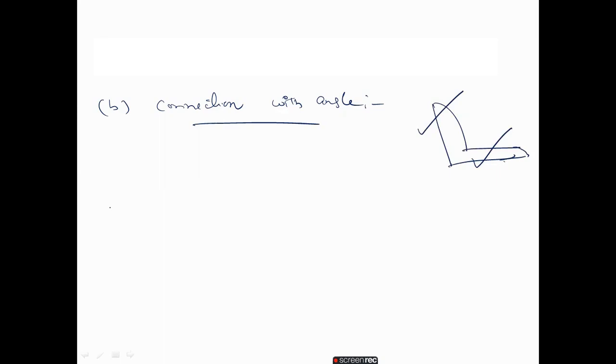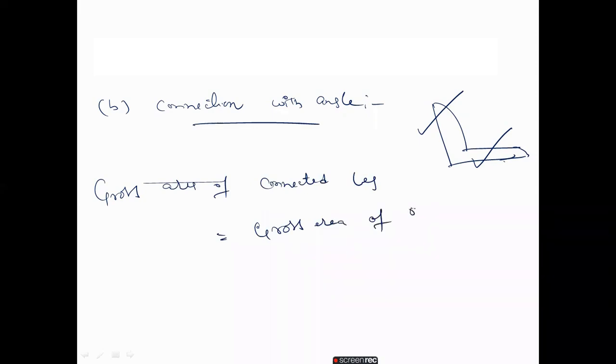Here, first you have to take the gross area of the connected leg equal to the gross area of the outstanding leg. So the load is shared equally.